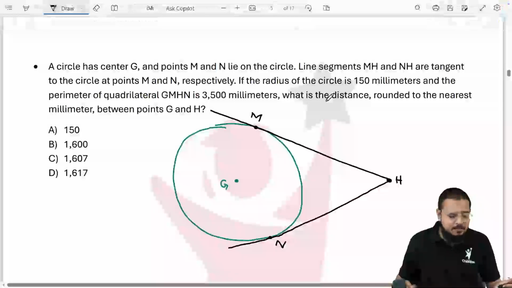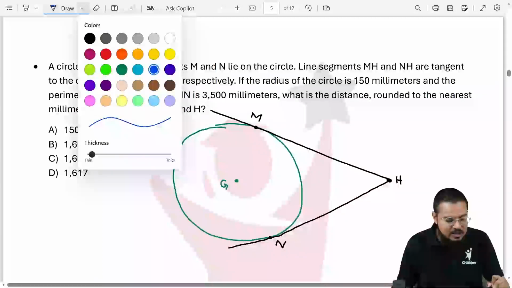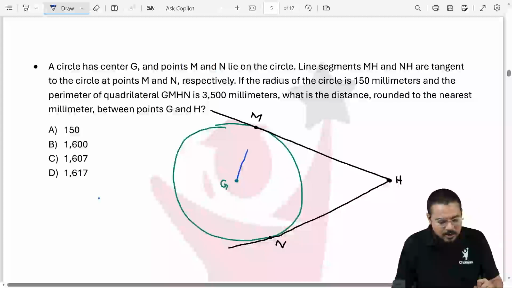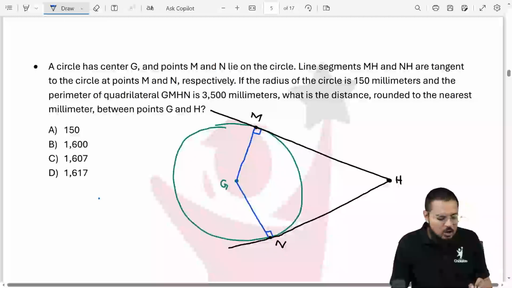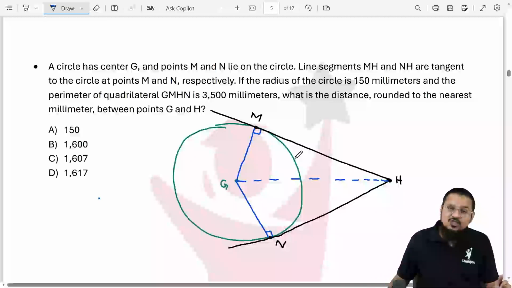The wisest approach would be to draw the radius, because radii are always perpendicular to your tangent. So this should be 90 degrees, this should be 90 degrees. And whenever you're done drawing the radius, always create a center line, so that you can see that you would be able to create two congruent triangles. This triangle at the top would be completely identical with this triangle at the bottom. That is what the entire property says.